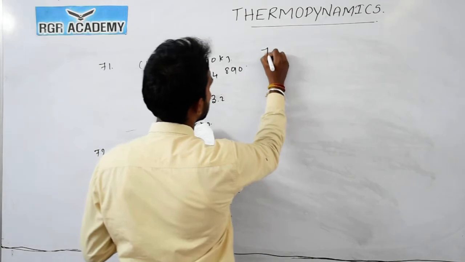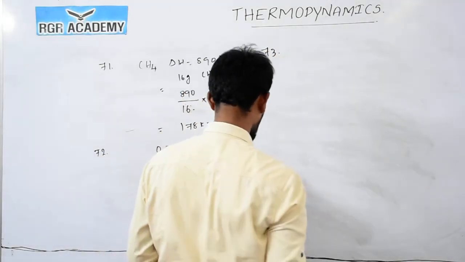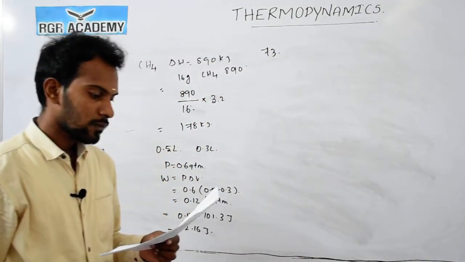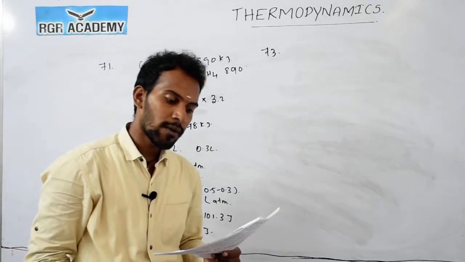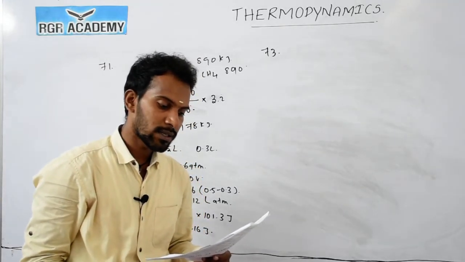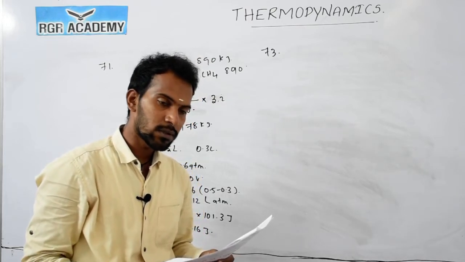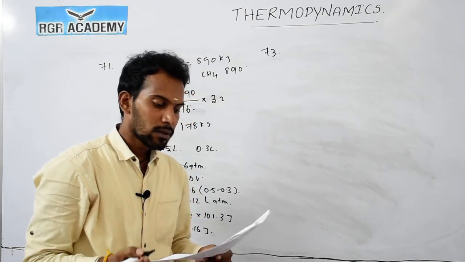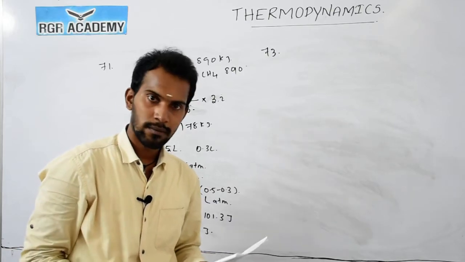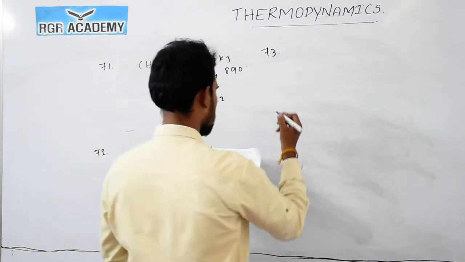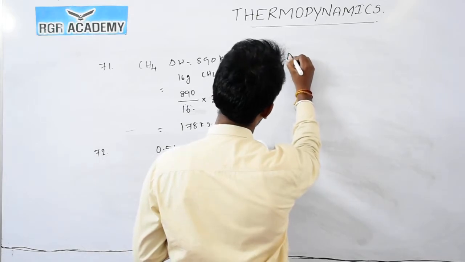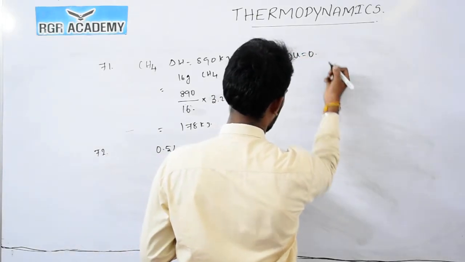Now question number 73. 1 mole of an ideal gas is compressed isothermally and reversibly from a pressure of 2 atmosphere to 10. The delta U and Q are? So this delta U value is 0.